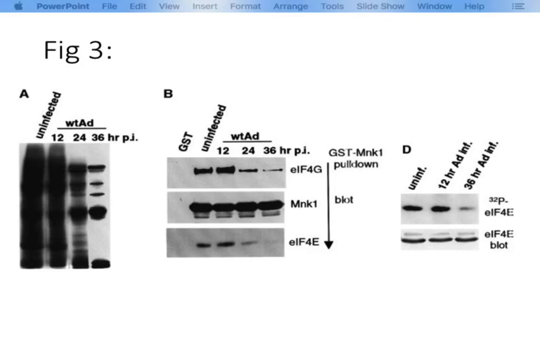Jonah? Would the MNK1 have the radioactively labeled phosphate on it? I don't think so, because it's transferring it from ATP.